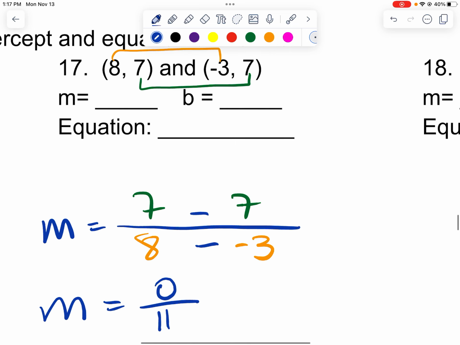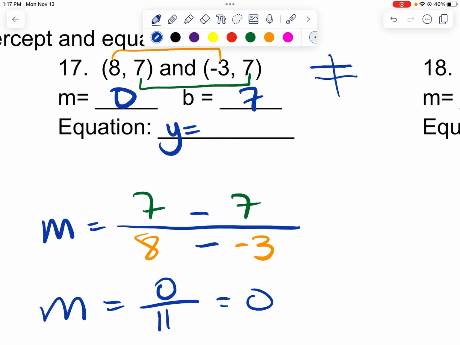That's going to get me 11 on bottom. So 0 is my slope. And if you remember, this is a horizontal line going through 7. The y value is 7. So that means the b value is also 7. So y equals 7.